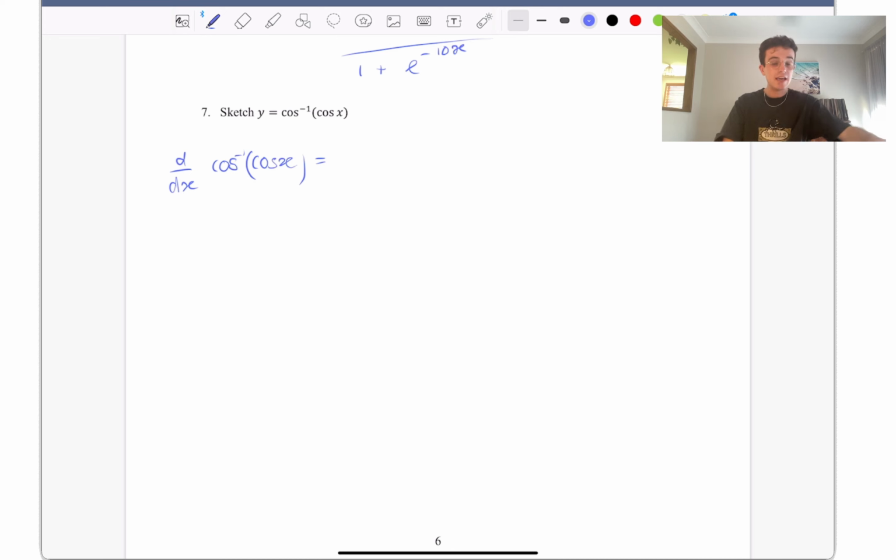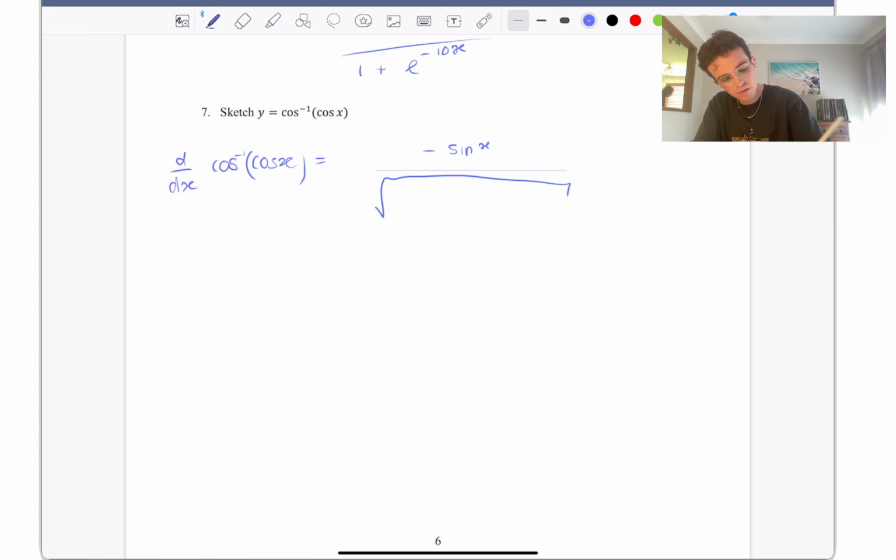Again, the way we differentiate cos inverse is we differentiate the thing in the brackets and put it over the square root of 1 minus what's in the brackets squared. So if we differentiate cos of x, we get minus sine of x over the square root of 1 minus cos squared of x.